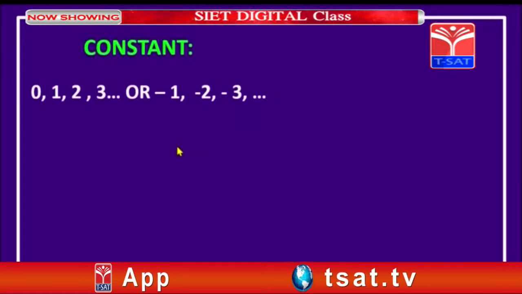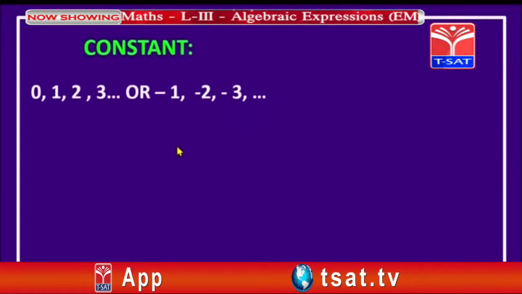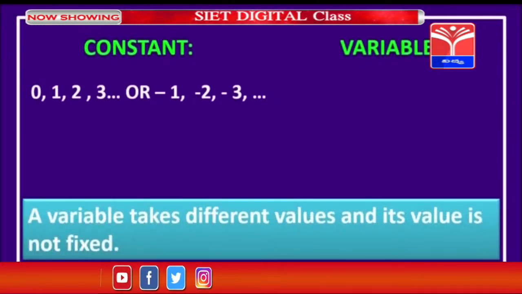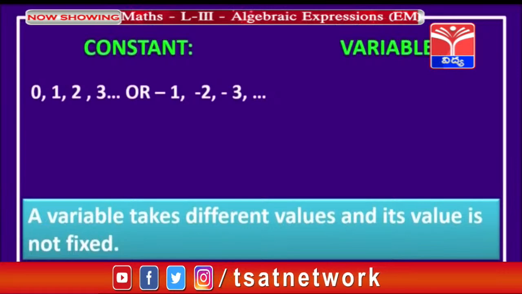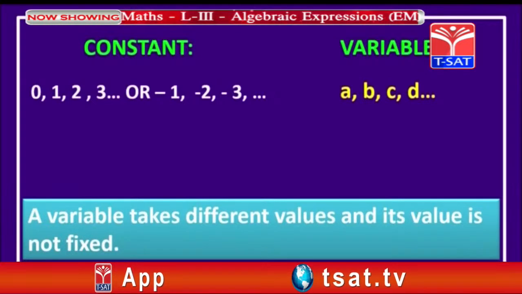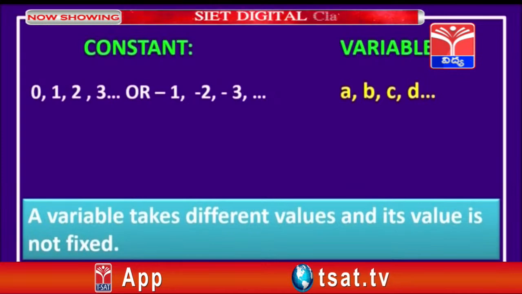Those whose values are fixed are called constants. Variable means it takes different values; its value is not fixed, it keeps on changing. And we denote variables by letters of the English alphabet such as A, B, C, D and so on.